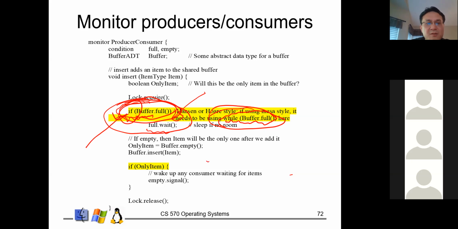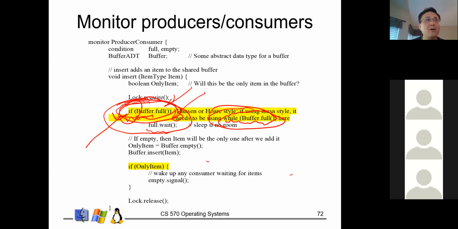You only need to check it once. Why? Because you hold the lock. The awakened process or thread would hold the lock, and the lock would guarantee no other processes or threads could mess with this buffer, because you immediately acquired the lock.